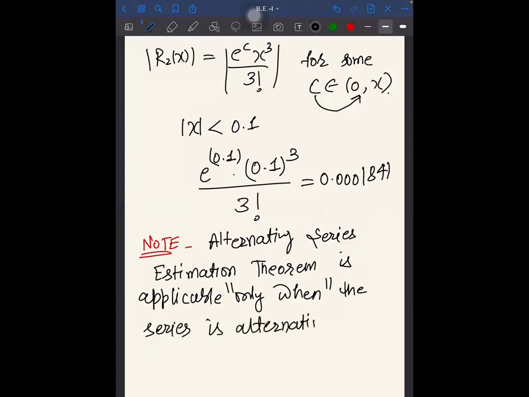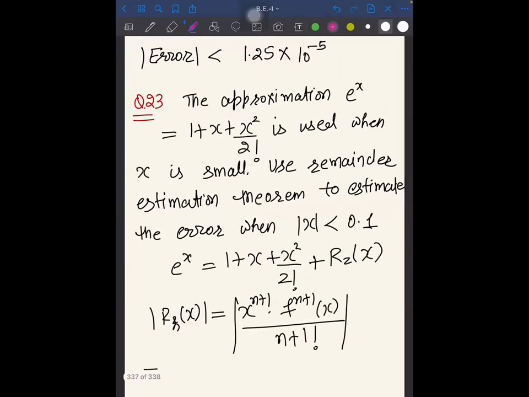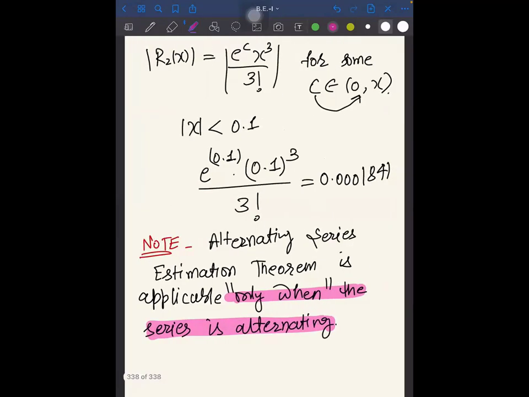So that is one limitation of this. Otherwise it will not be applicable, as we have seen in question number 23, right?